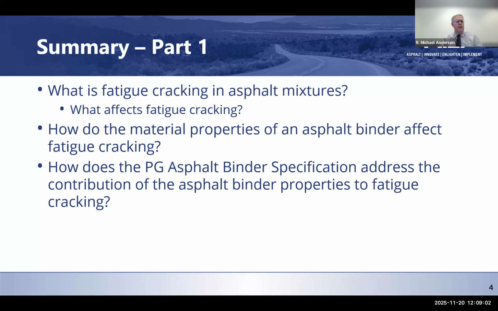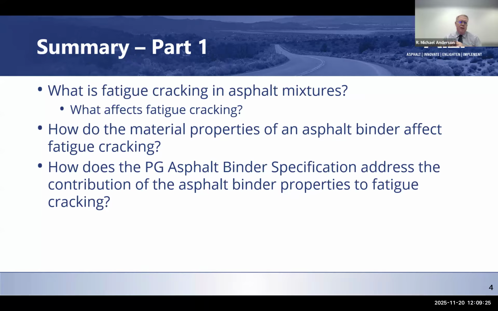And last but not least, how does the current PG Asphalt Binder Specification address the contribution of the asphalt binder properties to fatigue? That comes from limiting the stiffness of the asphalt binder through the use of the dissipated energy parameter.